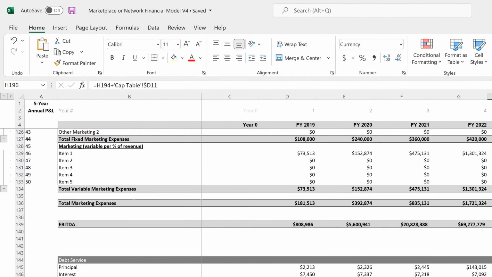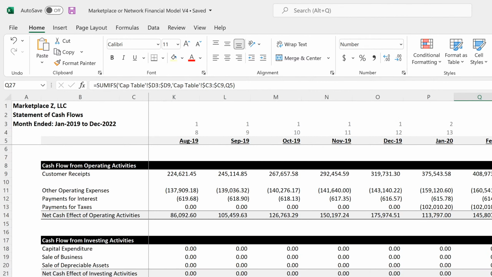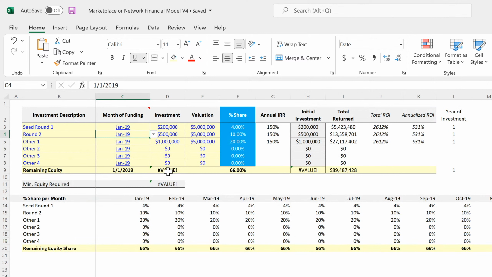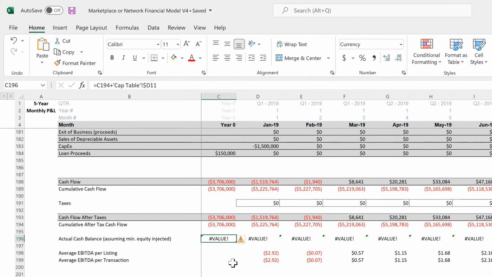So where's the error start at? Min cash position, it looks like. Cap table D11. Global control C16. Monthly detail. We're going in circles.